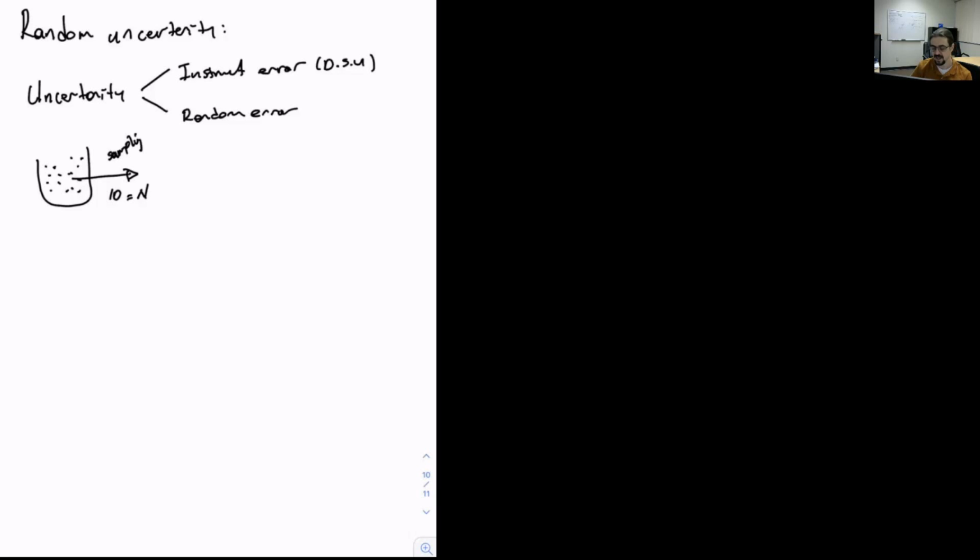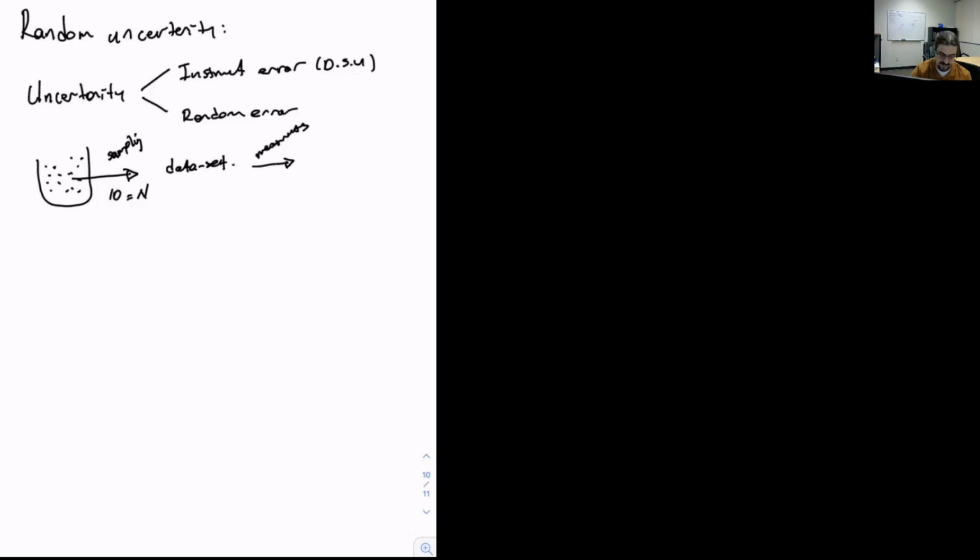So I had a sample size of 10 for my measurement. Those 10 bearings then are going to form my data set, because that's the data that I have collected. And then I'm going to perform my measurements.